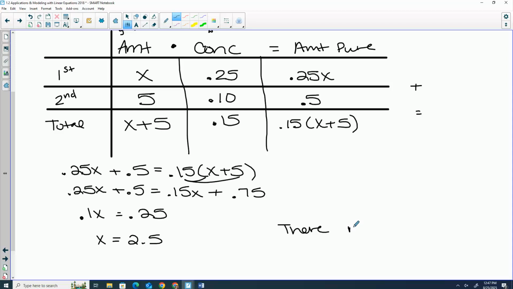So there must be 2.5 liters of 25% solution.